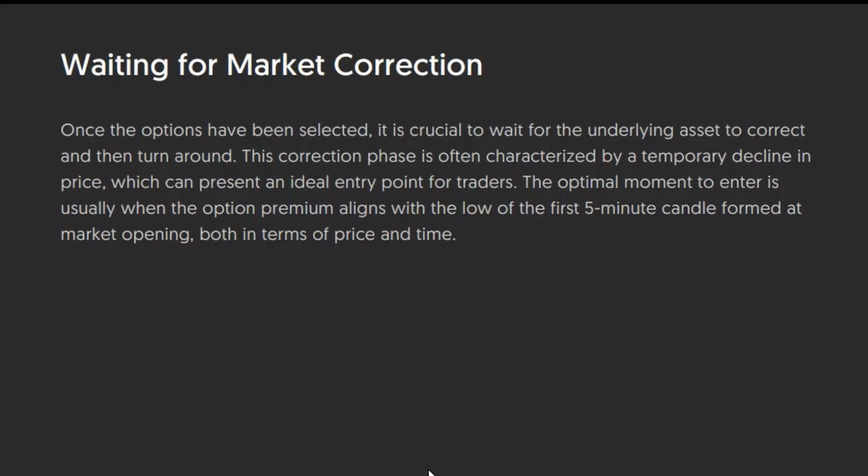Usually what I have observed is that within 6 candles, that means 30 minutes, around 9:45, the underlying reaches its peak, and by around 10:10 it forms the base. So it is very, very essential for you people to wait till that period, because you will be entering into the option at a discounted price.